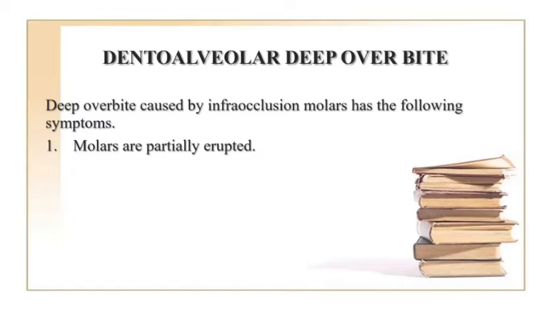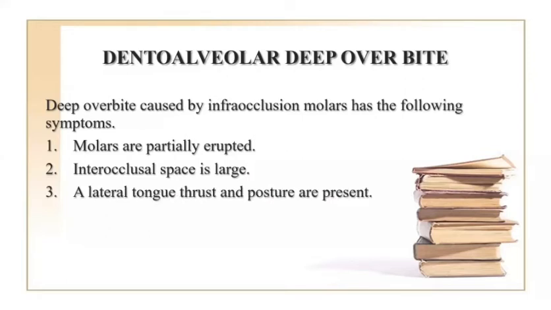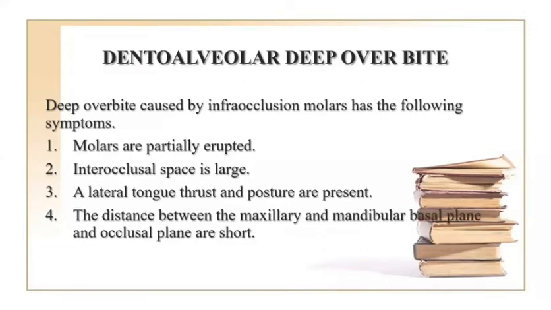Partially erupted molars can be seen in patients, and interocclusal space is large. As the molars are not fully erupted, the interocclusal space will be comparatively larger. A lateral tongue thrust and posture is present. The distance between the maxillary and mandibular basal planes and occlusal planes is usually short.